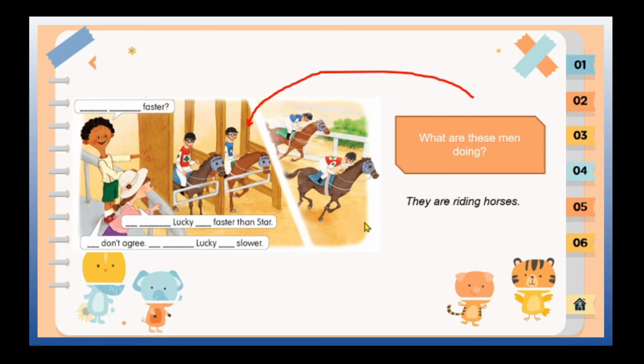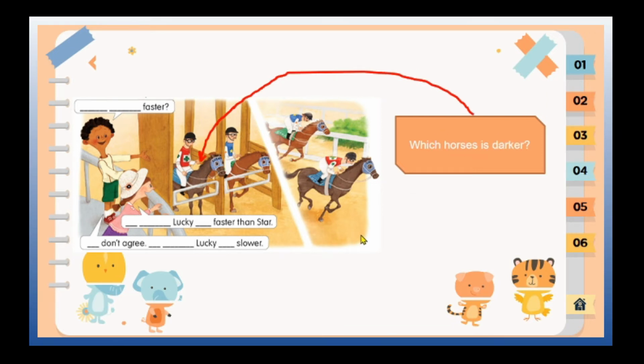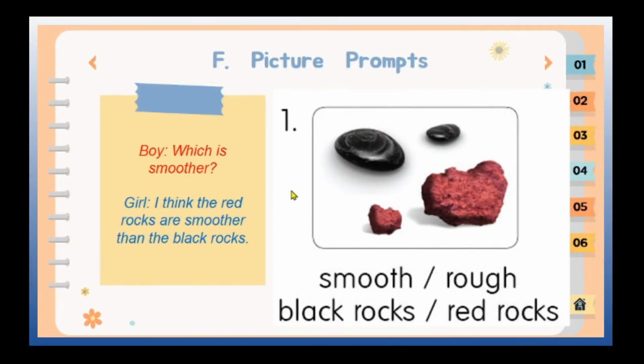They are riding horses. Right. And lastly, now which of the horses is darker? Right. So this and this horse is darker than that or those horses.